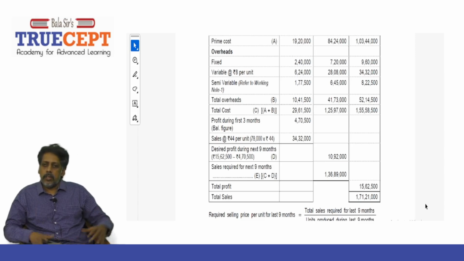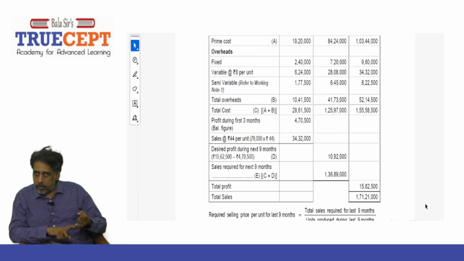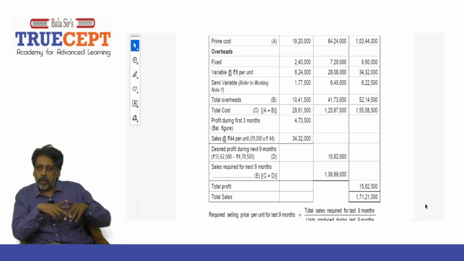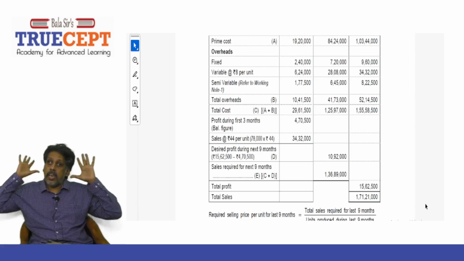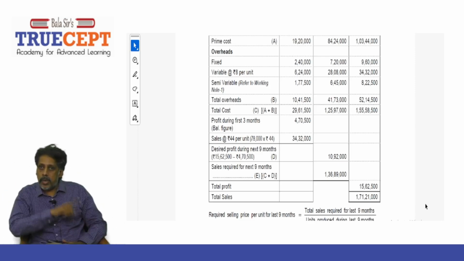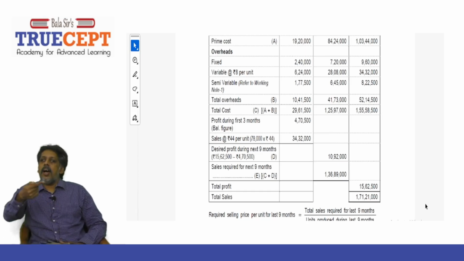That is all here. You know the total cost is 1 crore 25 lakh, and to that add rupees 10 lakh 92,000. That is the profit you want to make, so that your total profit is 15 lakh 62,500, right? Yes, sir. In all, 1 crore 36 lakh 89,000 required sales. That is the amount of revenue you should make by selling how many units? 3 lakh 51,000.